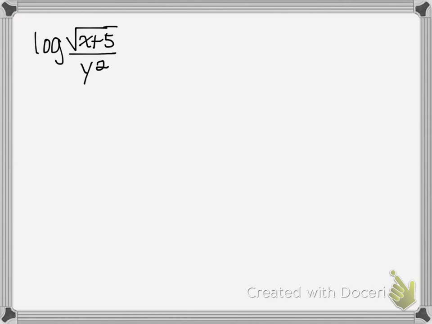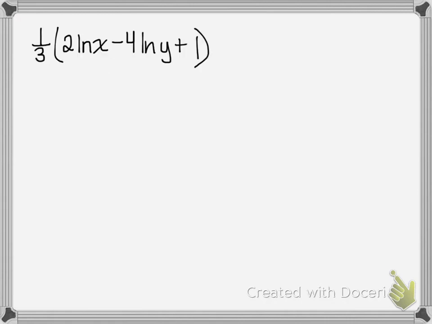Now, one of two things is going to happen when you're working with these properties of logarithms in a math text exercise book. You're going to be either expanding or condensing. So this expression we are going to expand, and this expression we would be condensing.